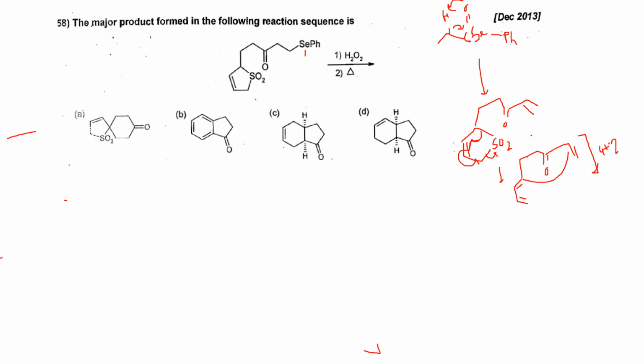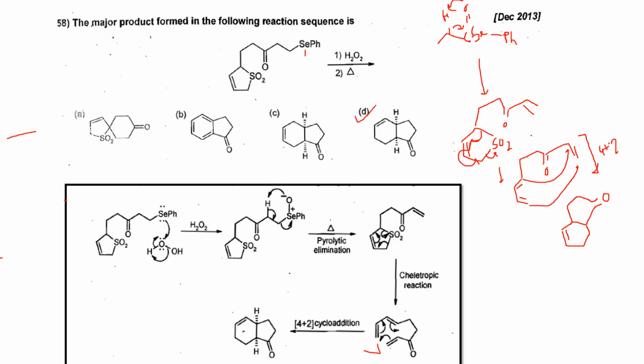So this joins here, this center joins here. The correct option is option D.